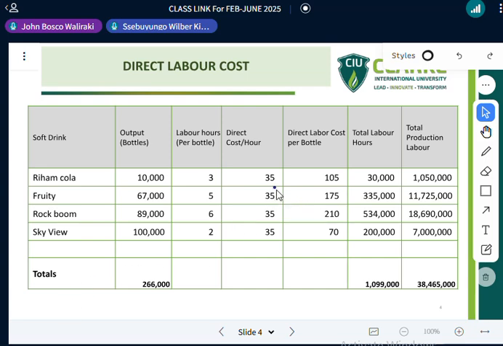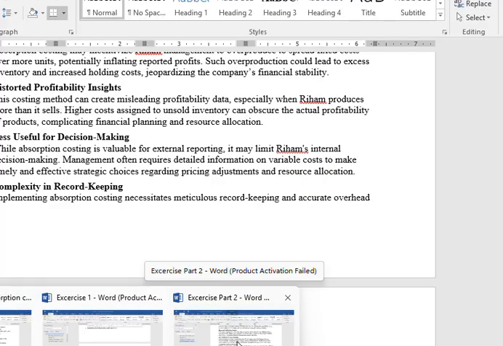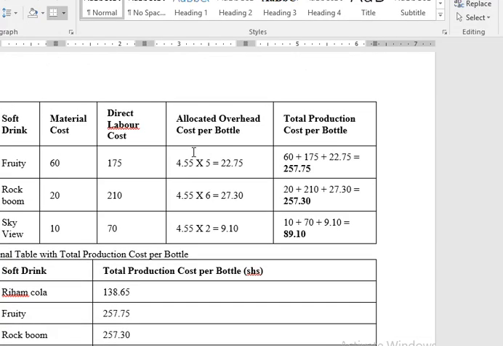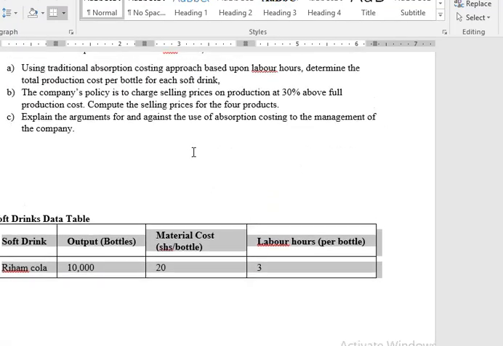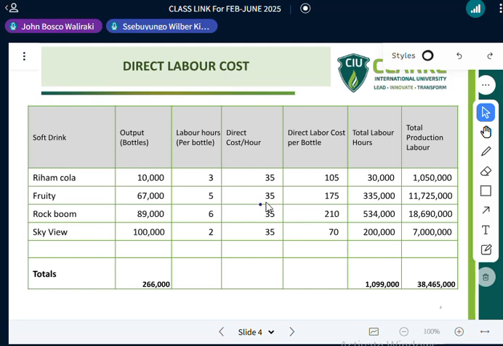It is 35 shillings. If we look at our question there, you will see where we say direct labor cost is 35 shillings per hour. So we have direct labor cost as 35 shillings per hour.